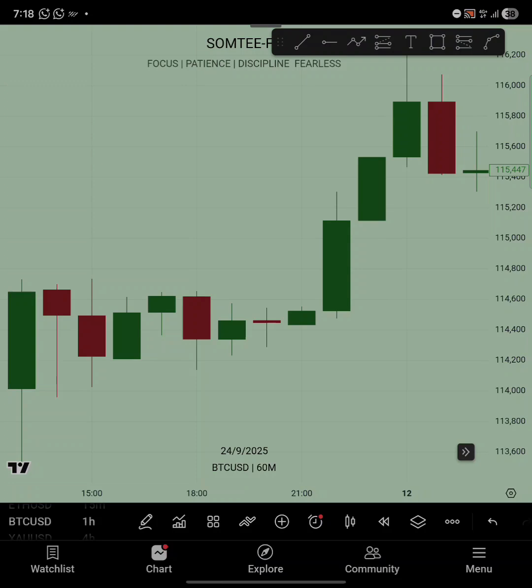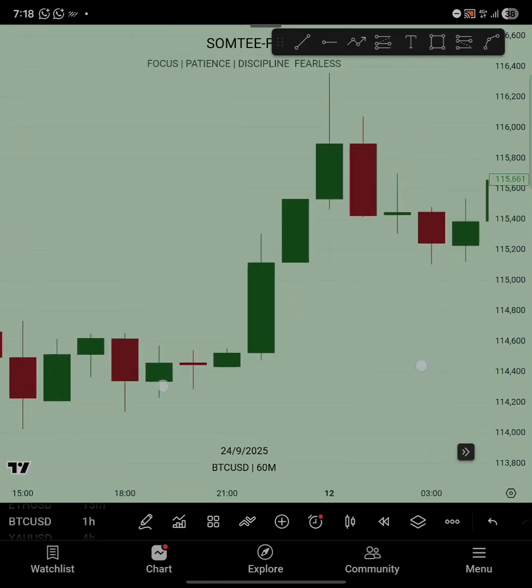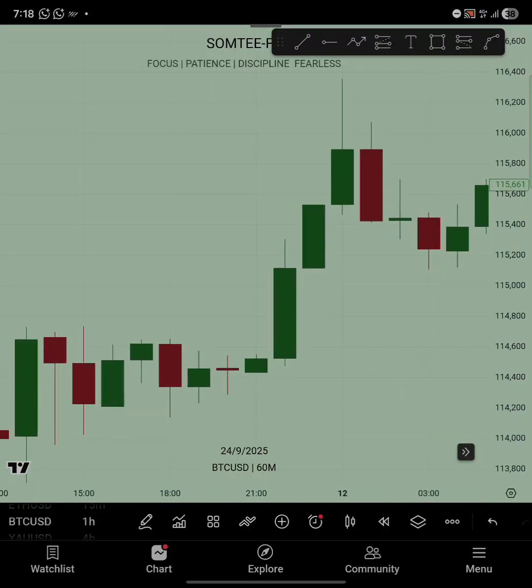So let's talk about the bullish engulfing pattern. Here we also have a bullish engulfing pattern. So this is a bullish engulfing pattern. Let me circle it. These two candles that I just circled now, this green candle is bigger, like 3x bigger than the previous green candle. You can also use this as a bullish engulfing pattern.